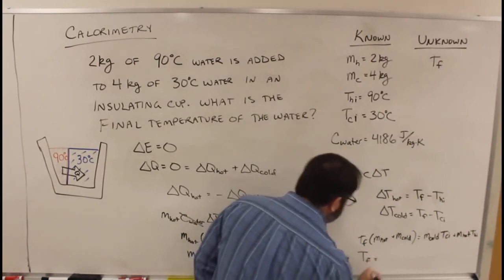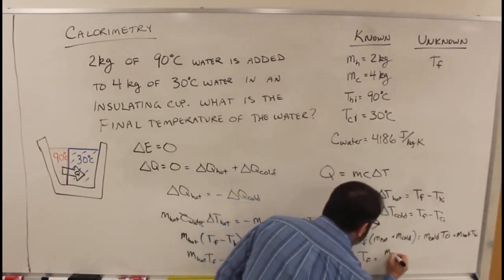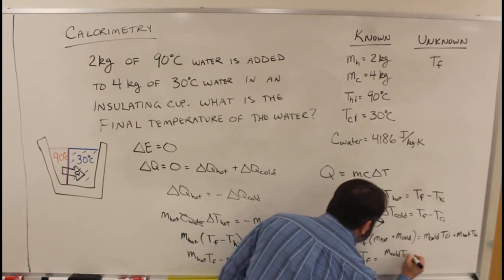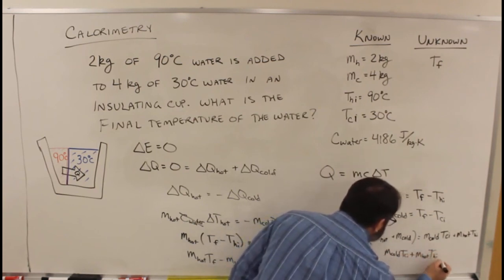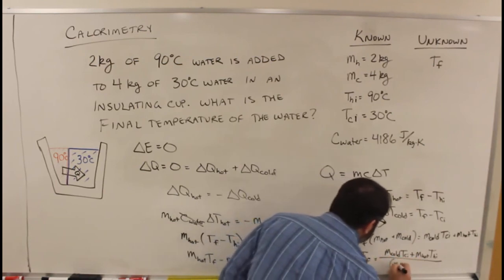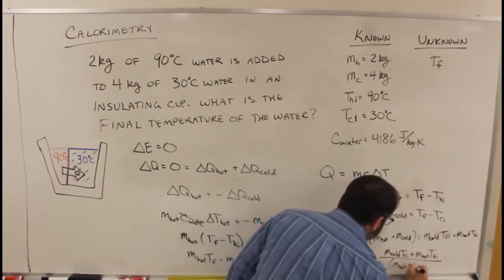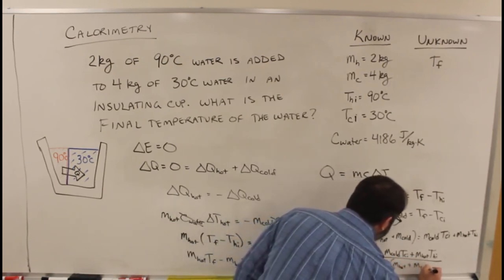So T final is m cold T cold initial plus m hot T hot initial over m hot plus m cold.